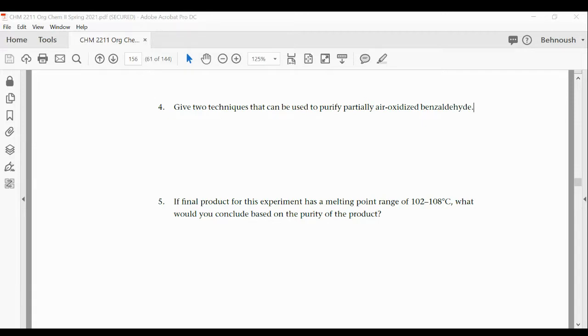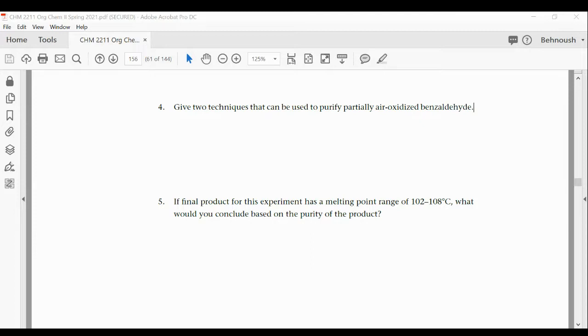When you apply vacuum, you lower the external pressure. When the vapor pressure of the liquid equals atmospheric pressure, it starts boiling. If you don't apply vacuum, the atmospheric pressure is 1 atm, and it's going to boil at its normal boiling point.